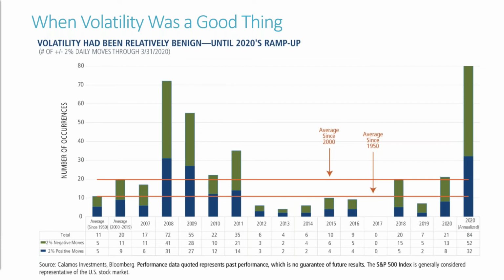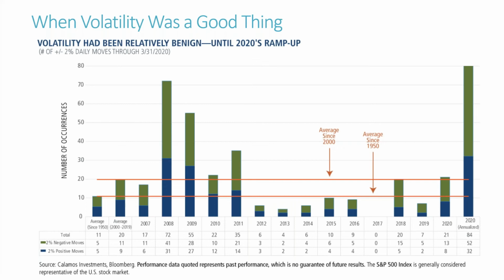It has an average going back to 1950, and it shows the number of days plus or minus 2% in the S&P 500 stock index. So it's got 2% negative moves, 2% positive moves, and it tallies those up on a year-by-year basis. It gives us an average since 1950, and also an average from 2000 to 2019.